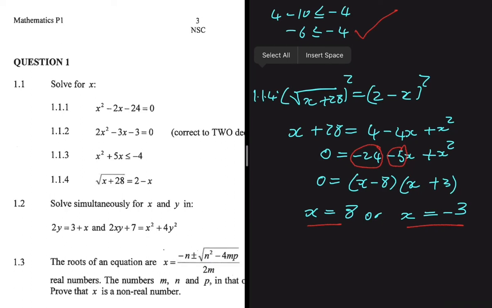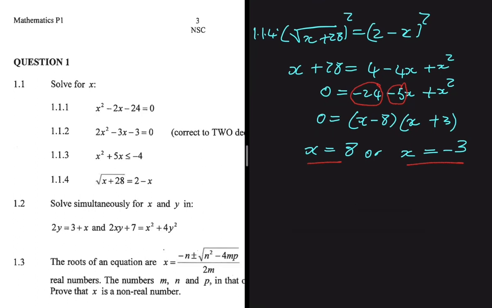If I substitute 8 on the left hand side, I get 6. And then let me check what happens on the right hand side. On the right hand side, I'm getting minus 6. Clearly 8 doesn't satisfy our original equation, so we have to show here by saying that x is not equal to 8.